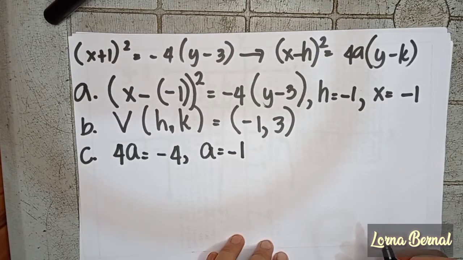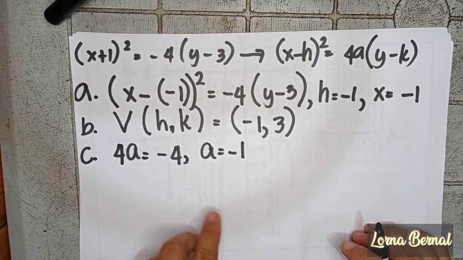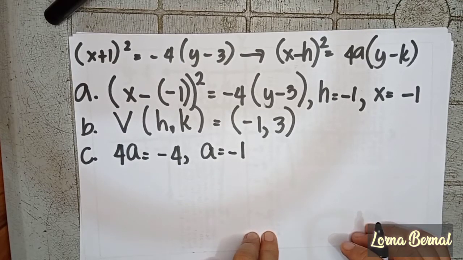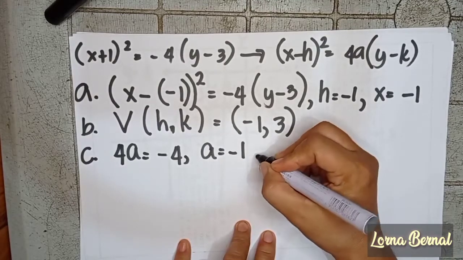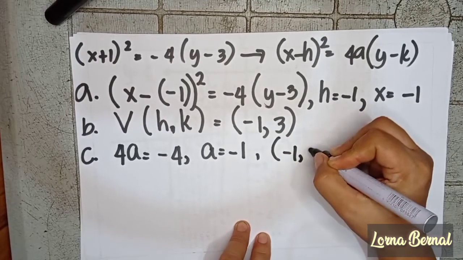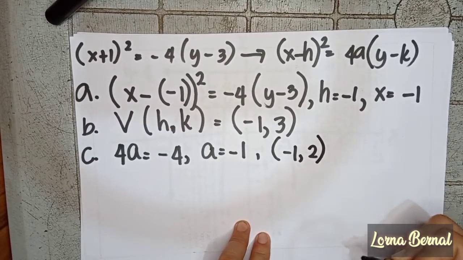Consequently, the directed distance of the focus from the vertex is −1 unit. This implies that the focus is 1 unit below the vertex, so the coordinates are (−1, 2).